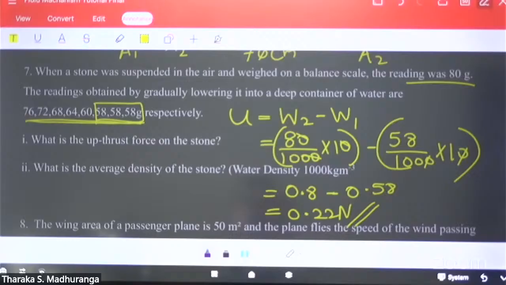Complete? Okay, I can give you time for the next question. Upthrust force you got, it is 0.22 Newton. Are you understood? It is simple. Any doubt, please ask.